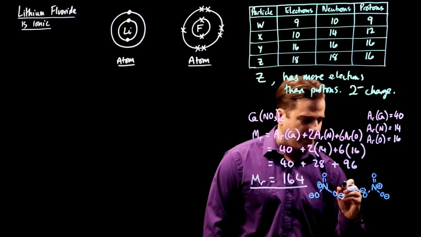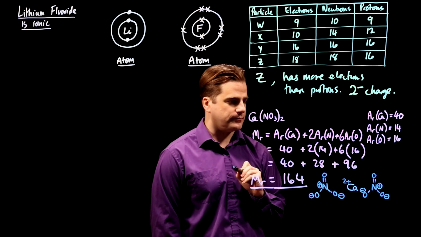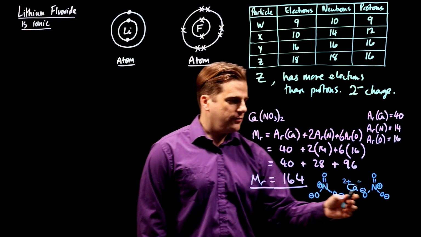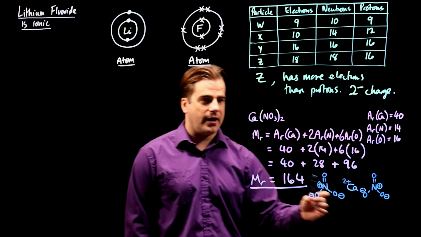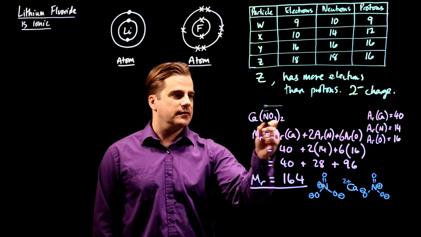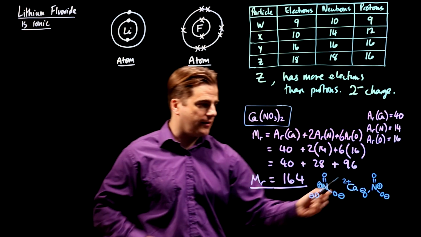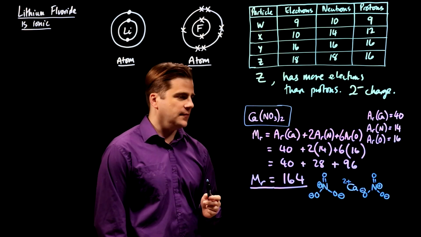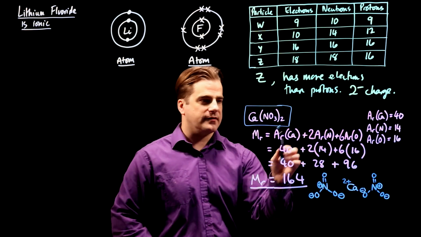Okay, and the calcium in the middle will have a 2+ charge on it. So that is what calcium nitrate looks like drawn out in more detail. That and that are the same thing, okay?